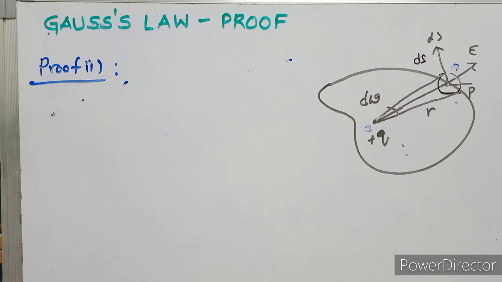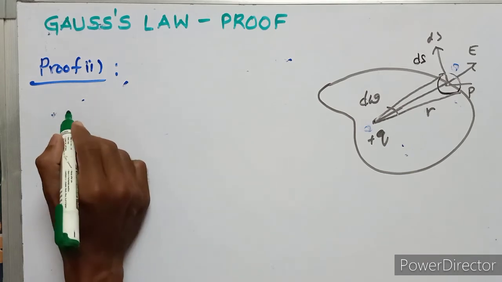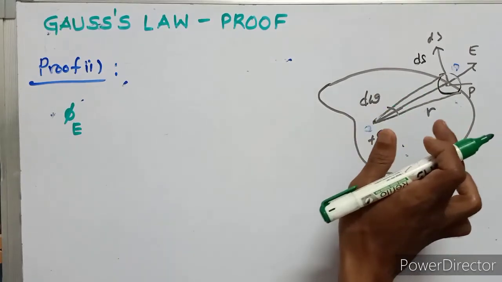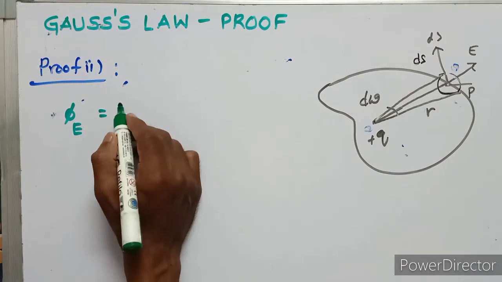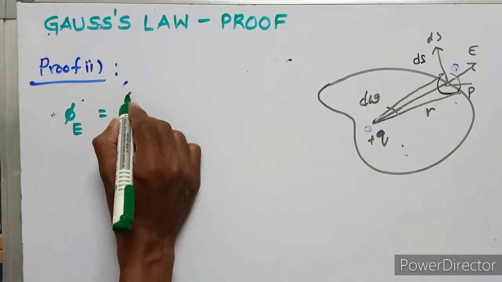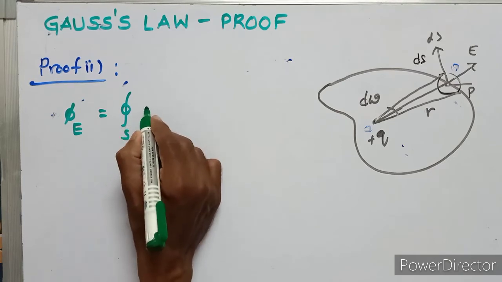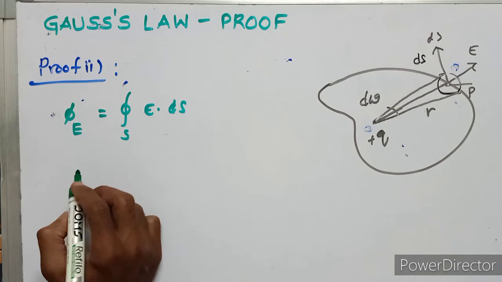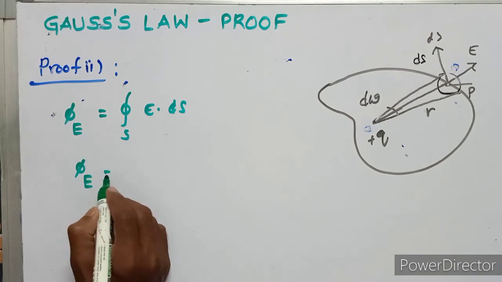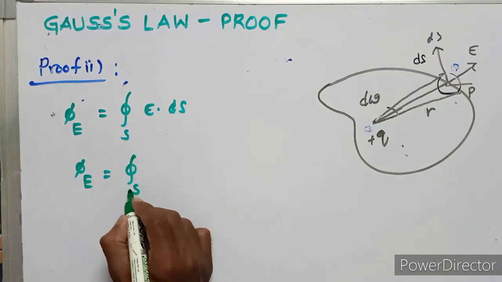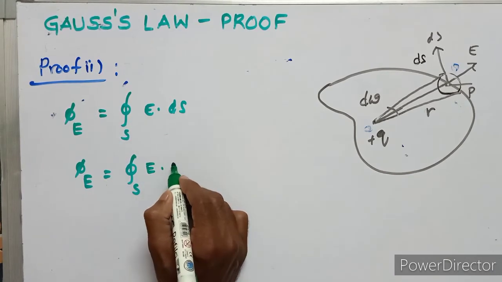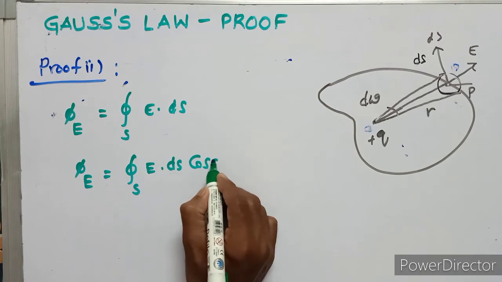The electric flux phi suffix E outwards through the area ds is given by the general formula, the closed surface integral of E dot ds. From the scalar product, the electric flux is the closed surface integral of E ds cos theta.